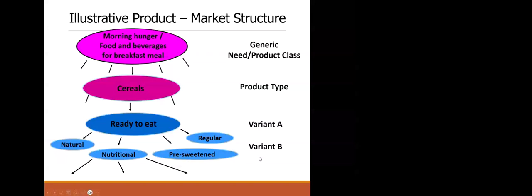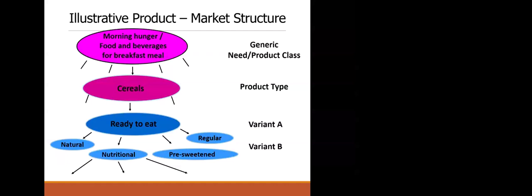We have ones that are more natural or healthy, a whole grain, no sugar, anything like that. There are some that are pre-sweetened. There are others. So this variant level describes, in other words, Fruit Loops, while it competes with Cheerios, probably competes more with Captain Crunch or Lucky Charms, right? As opposed to Kashi. Any whole grain type of cereal probably competes with Cheerios more so, right?